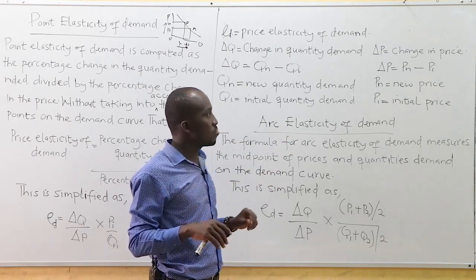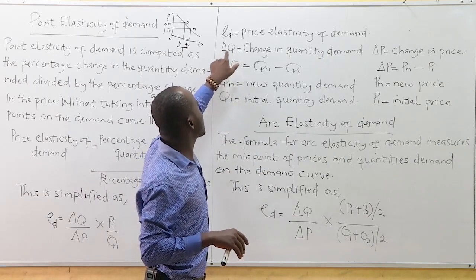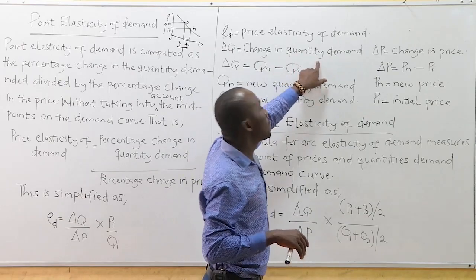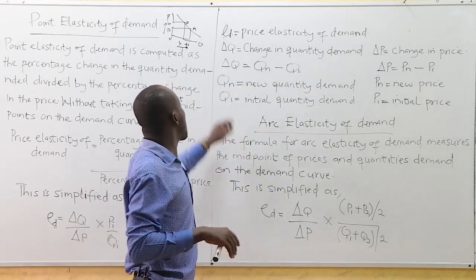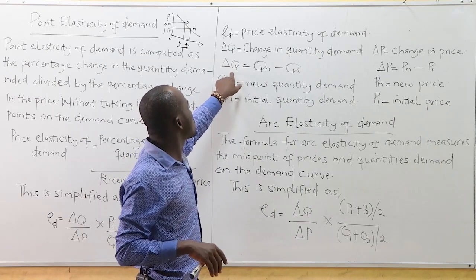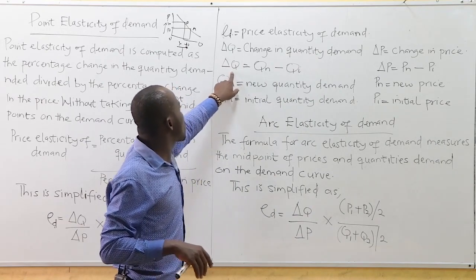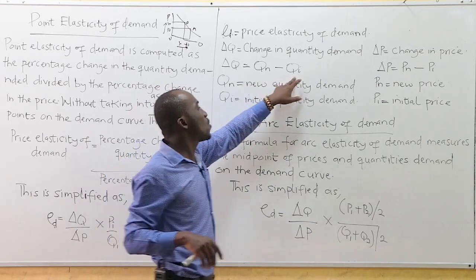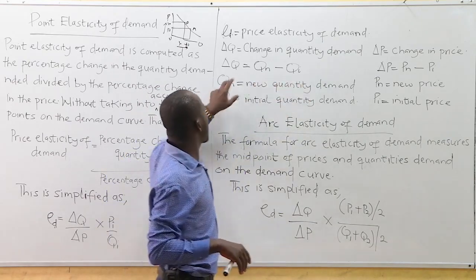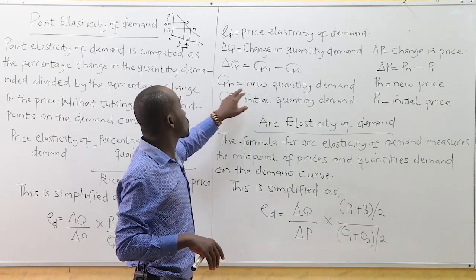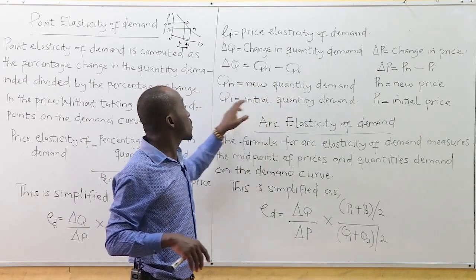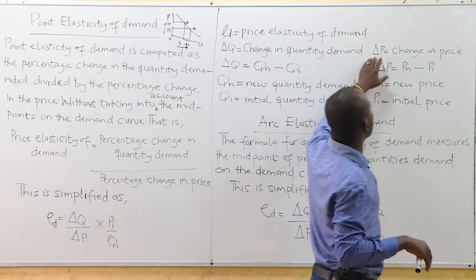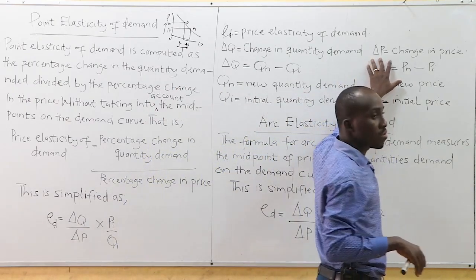Be cool. So this delta Q, which represents change in quantity demand, mathematically can be written as change in Q is equal to Qn minus Qi. What is Qn? Qn is equal to new quantity demand, and Qi is initial quantity demand. What about delta P?